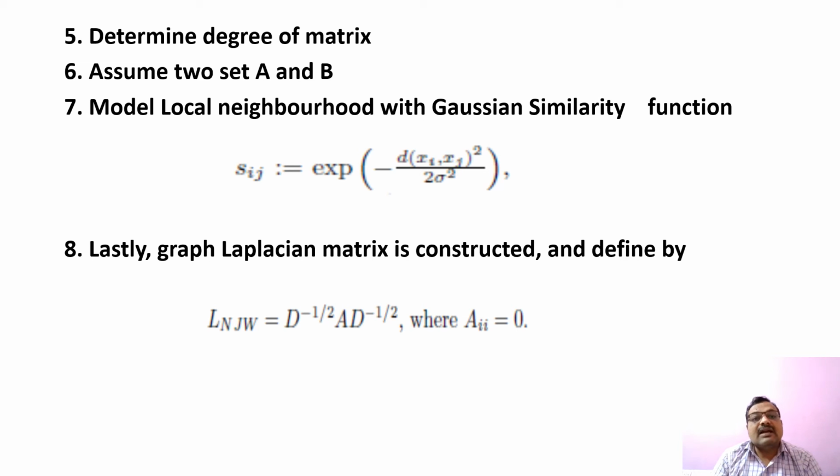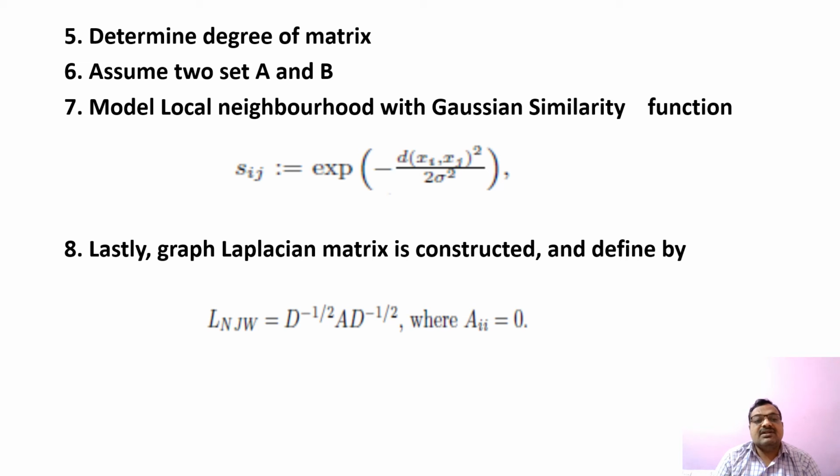After that, here we assume the two sets A and B. The model local neighborhood with the Gaussian similarity function. So we set the function. This function is Sij is equal to exponential of, in brackets, minus d of xi comma xj divided by 2 delta square, bracket complete.